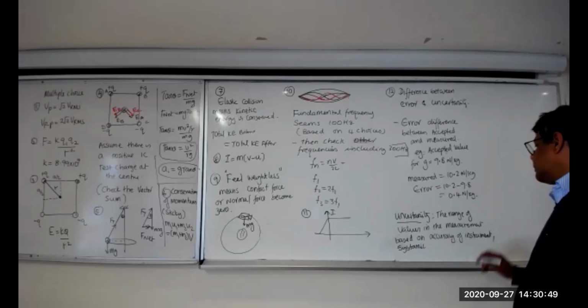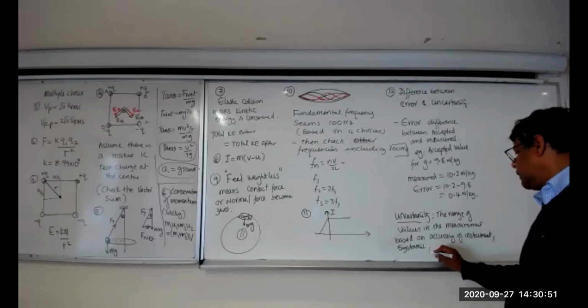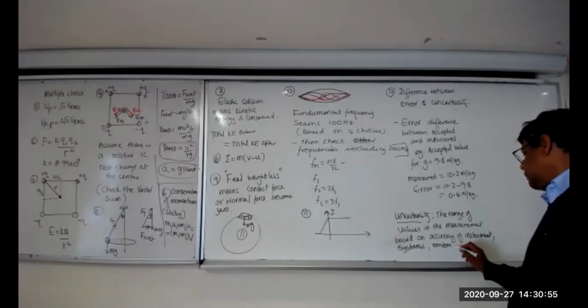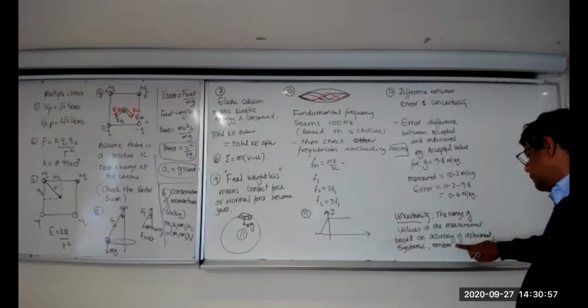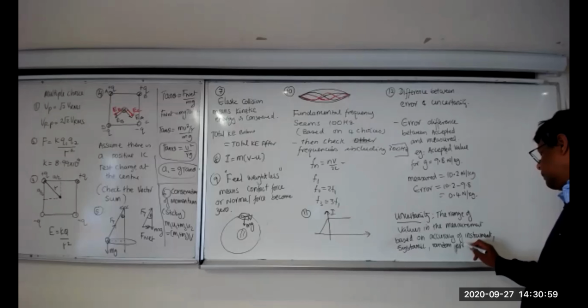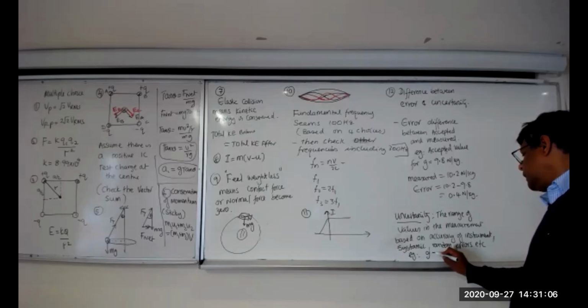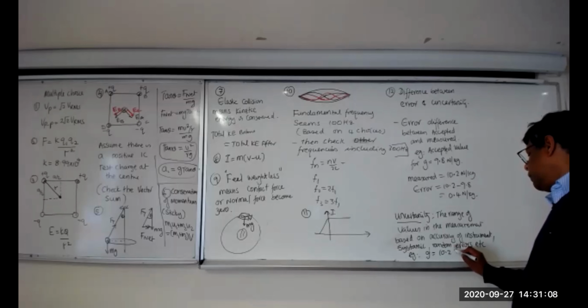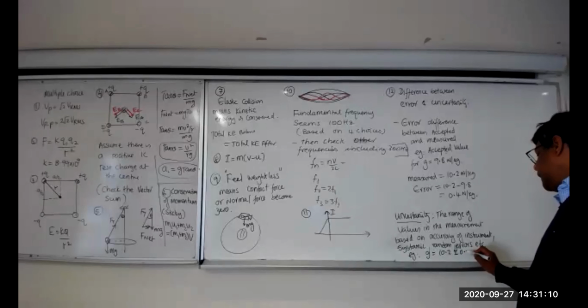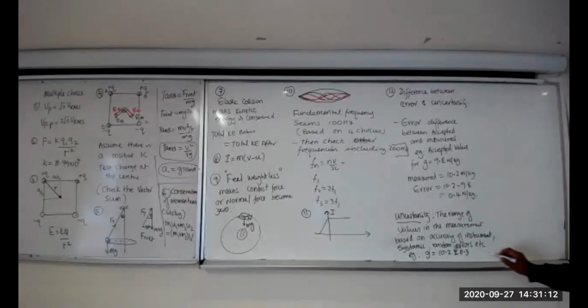Still, you can have some systematic, random errors, etc. For example, if your answer says that your g is 10.2 plus or minus 0.3, it means the range could be 9.9 to 10.5.